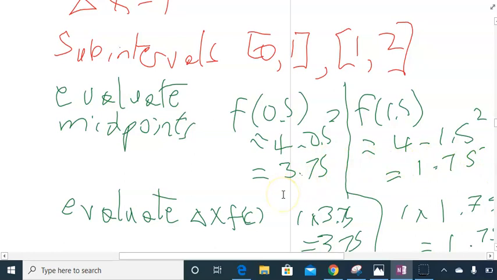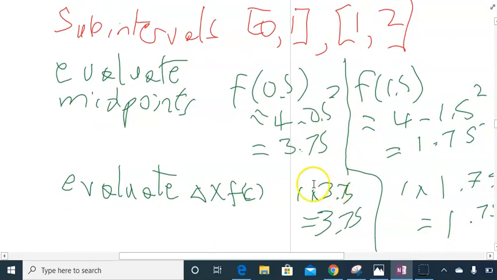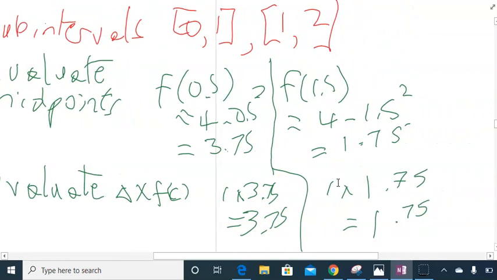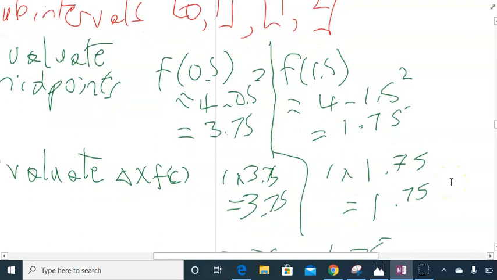And then I want to evaluate the areas of these two individual rectangles using the formula base times height, or delta x times f of c. That'd be 1 times 3.75 because the base was 1 and the height was 3.75, so that gives us 3.75. And for the area of the second rectangle, that's 1 times 1.75 equals 1.75.